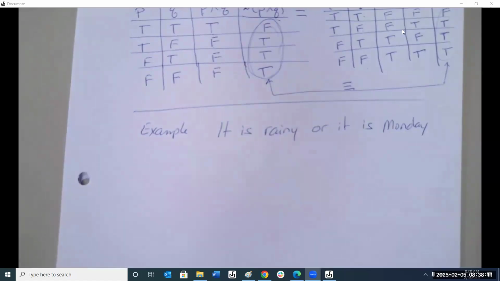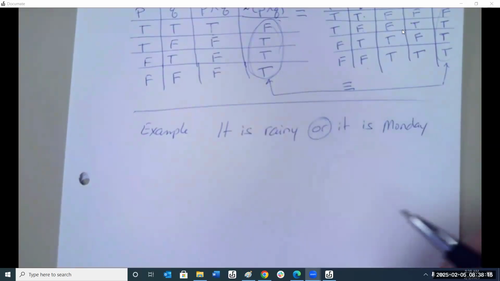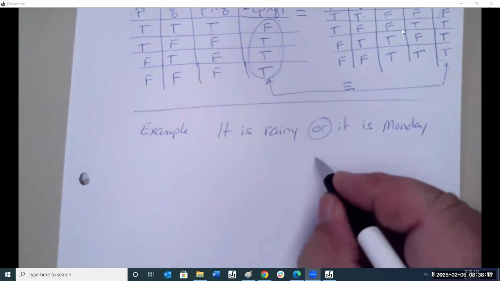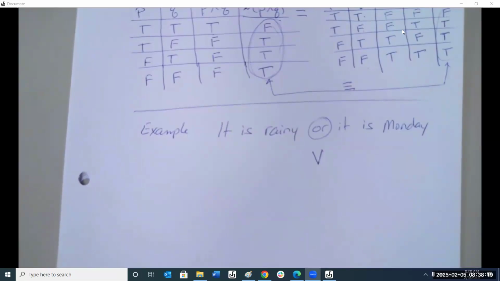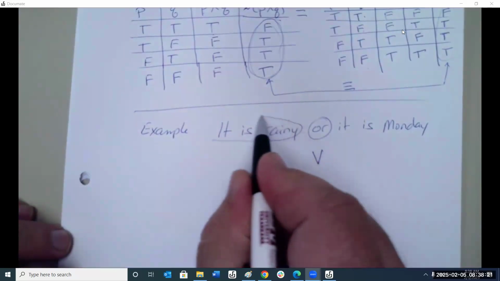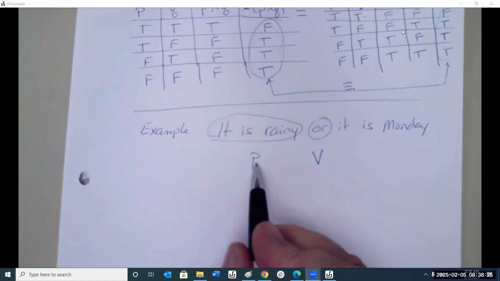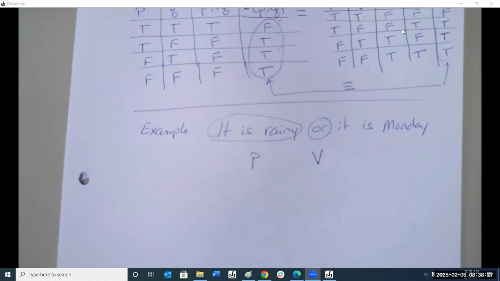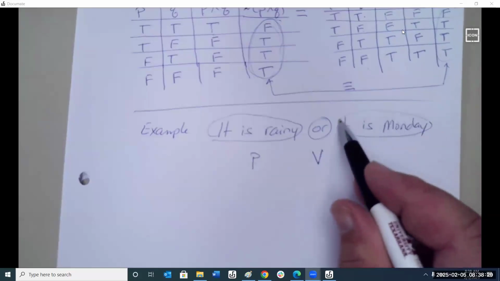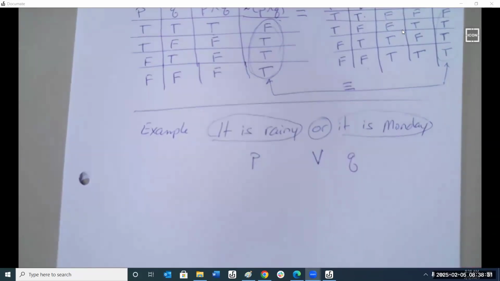That's a statement. Here's the word or, so what symbol do we put there? So this whole sentence here is my P. So P represents it's rainy. This, I define it as Q. It's Monday.